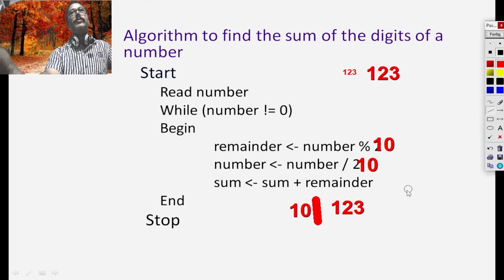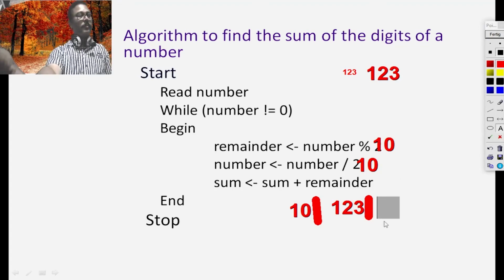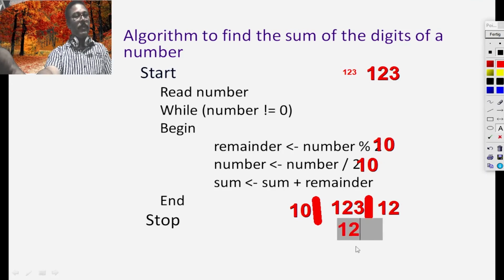The quotient is 12. Directly, 10 12s are 120. The remainder is 3.